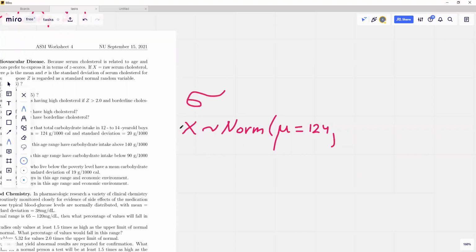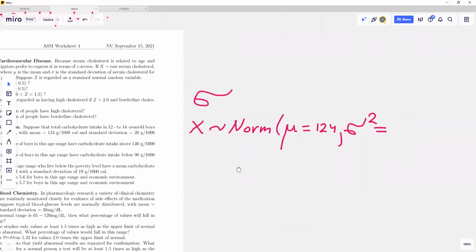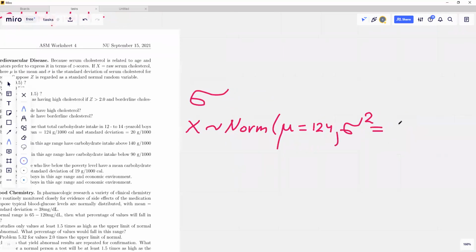But in the standard notation to show that X follows a normal distribution, the second parameter should be not standard deviation, but variance, okay? So variance should be equal to 20 squared, okay?